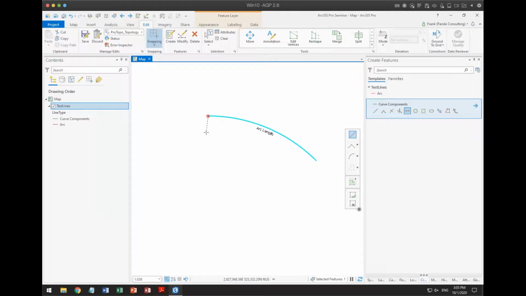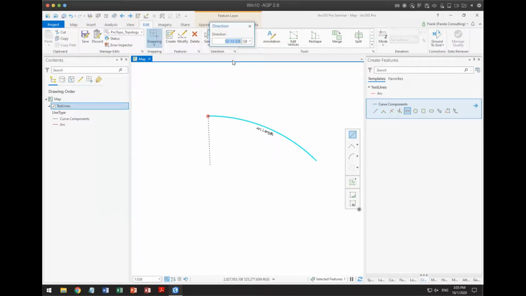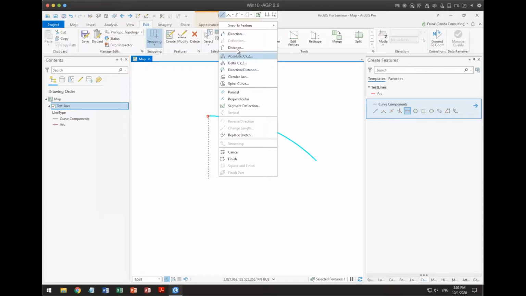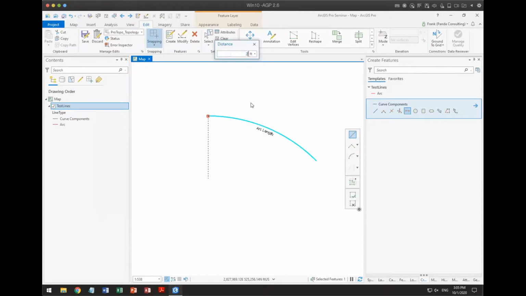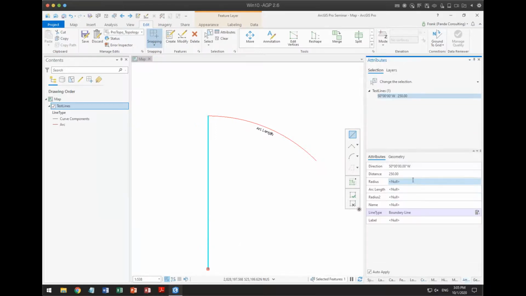So if I go here, and in this case, I know that when I created this, thank you, Tori, I actually created a curve that was a set distance away from a point.